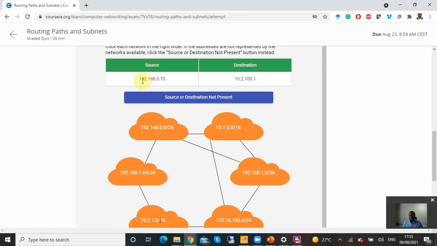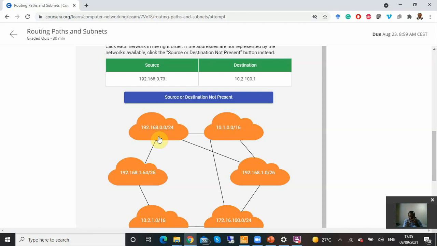So for this, 192.168.0, 192.168.0. Then 73 and 0, they are not far apart. 0 and 73, in this case, are not very far apart compared to counting from 0 to 128 as previous. So this is the logic.